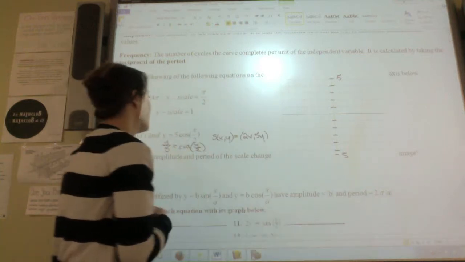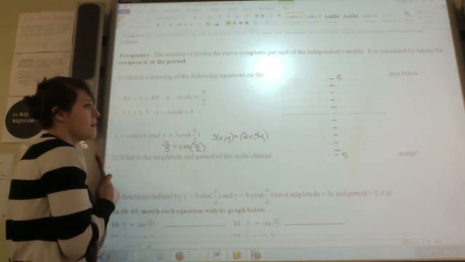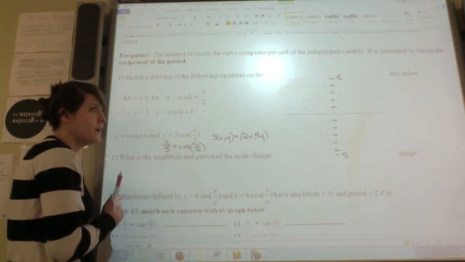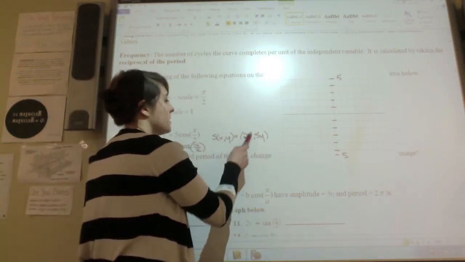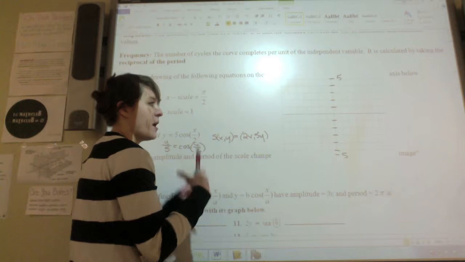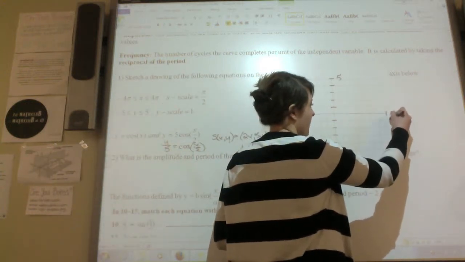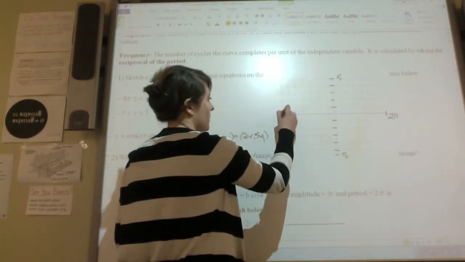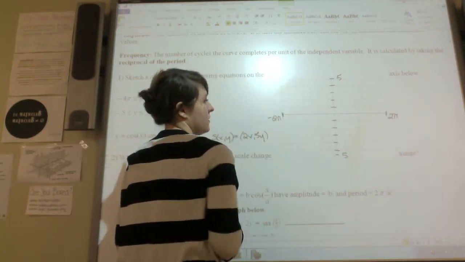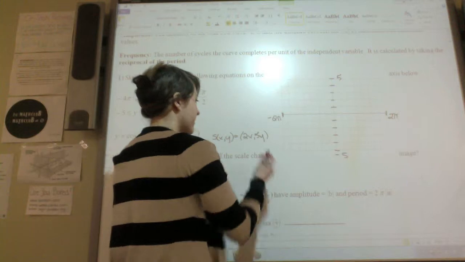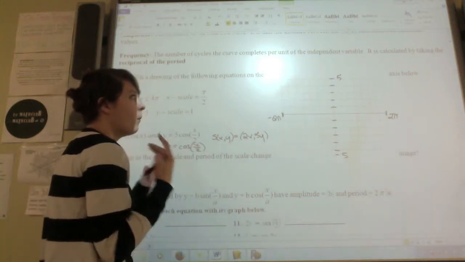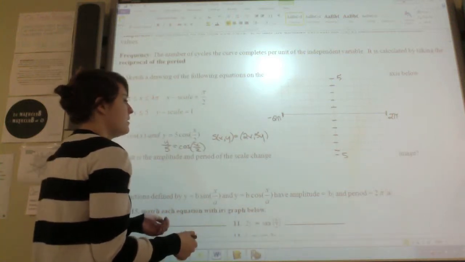Normally with my cosine graph, my period is 2 pi, but in this case I'm stretching it by a factor of 2, so now my period is going to actually be 4 pi. So I'm going to go from -2 pi to 2 pi, and that for this function is going to be 1 cycle.